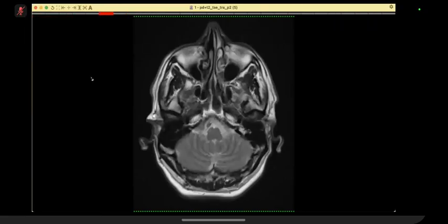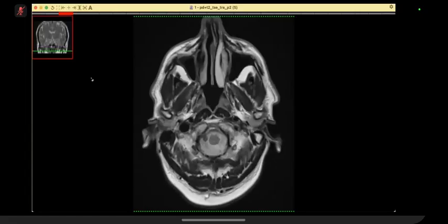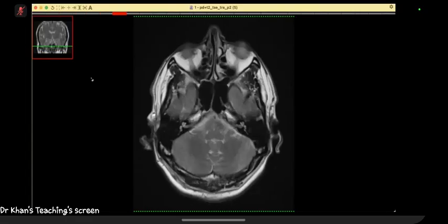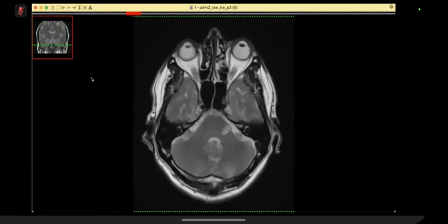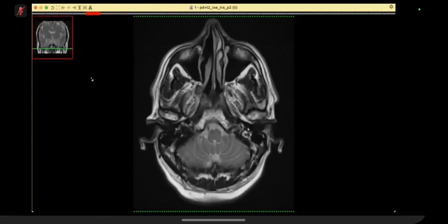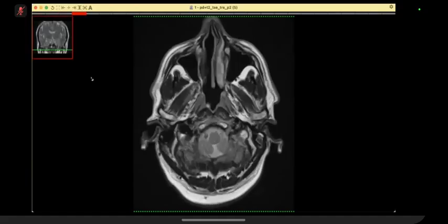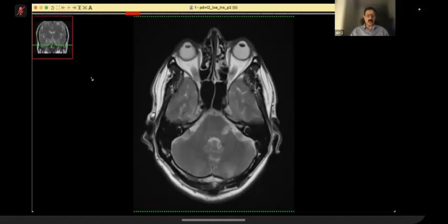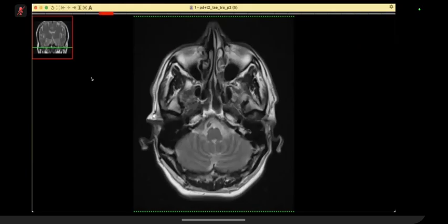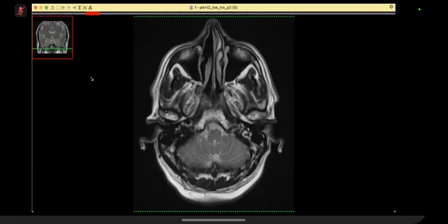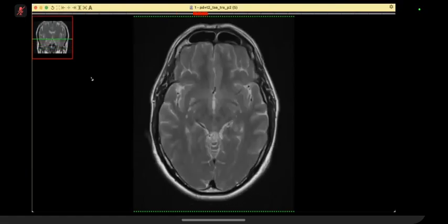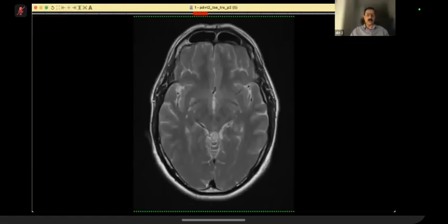Okay, the proximal part is of intermediate signal intensity. It is not the normal signal void. Yeah, here. So what is your conclusion? Infarction. Left pontine infarction. Okay, fine. I'll take over. Thank you.